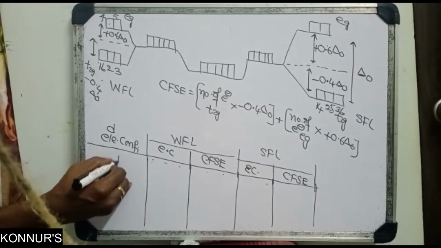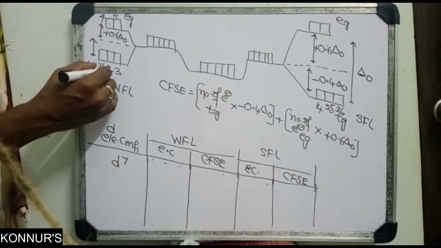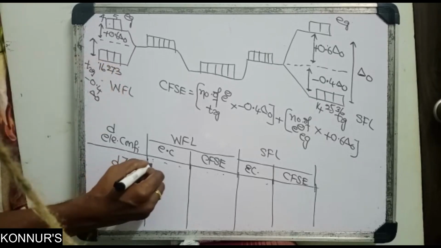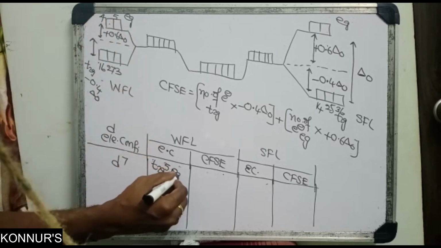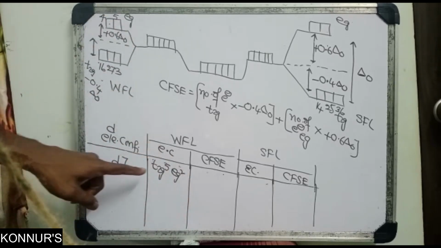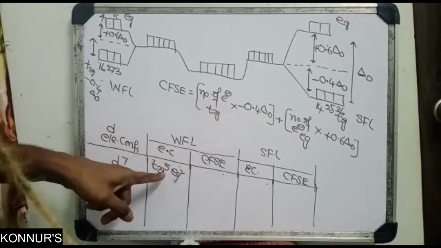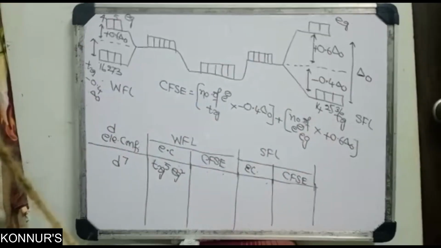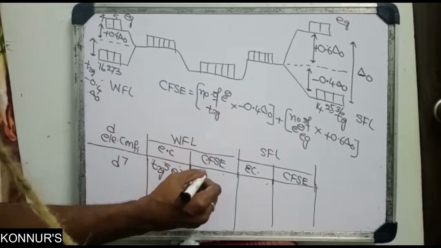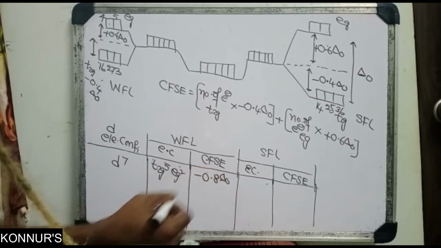Next, d7. The seventh electron combines with this, so t2g5 eg2. Five fours, 2 minus 12 means minus 0.8 delta 0.